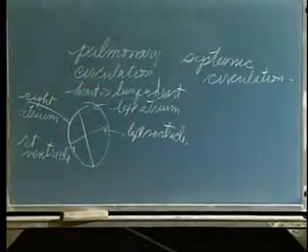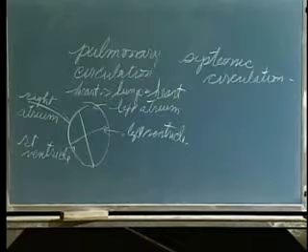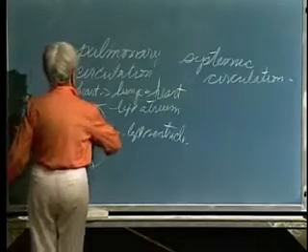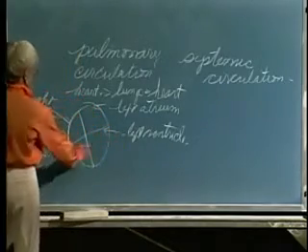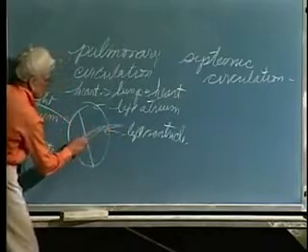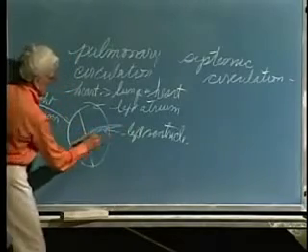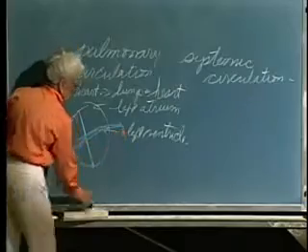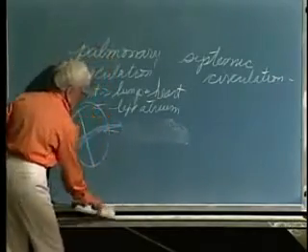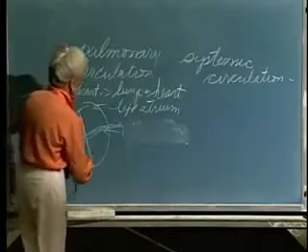So we're going to take the heart to the lungs. So we'll come out from our right ventricle. We're just going to put it crudely in here. This will go to lungs.